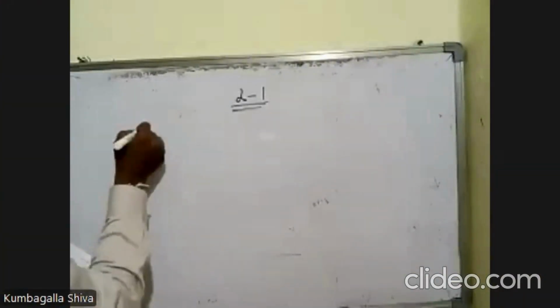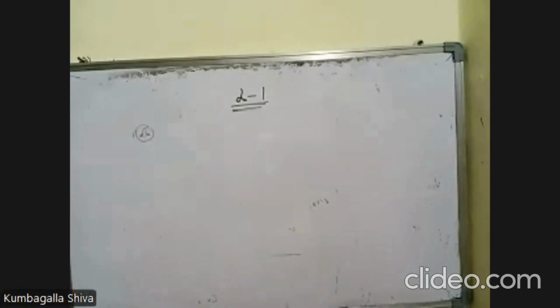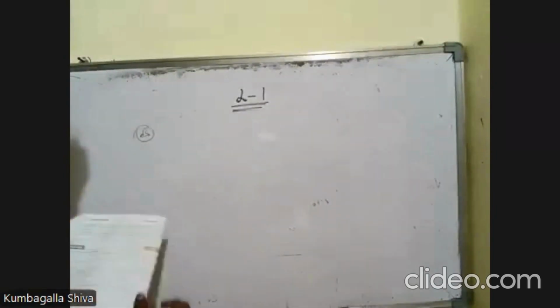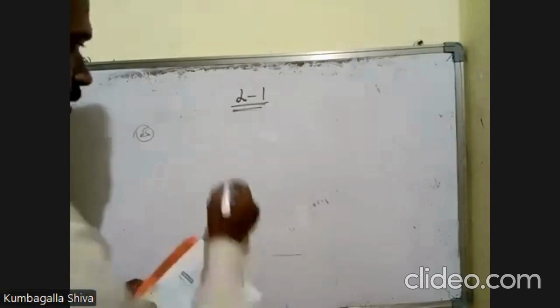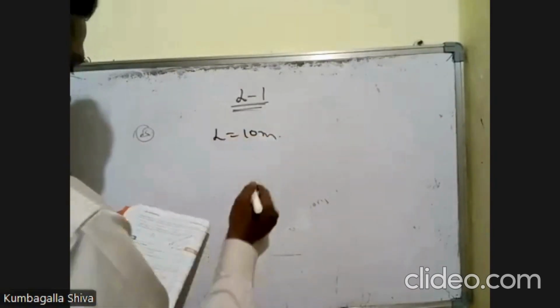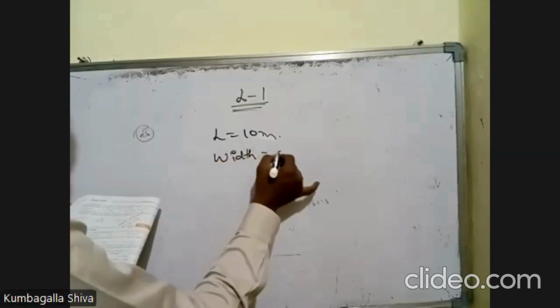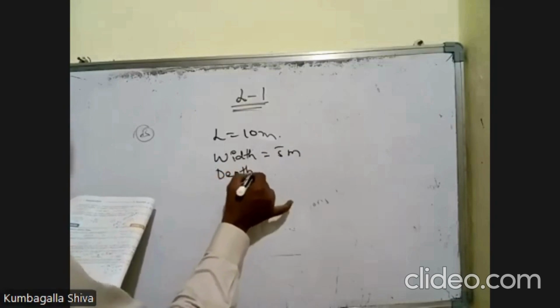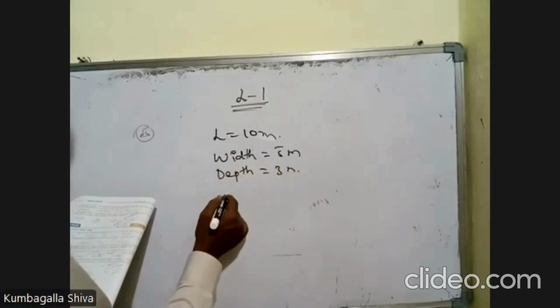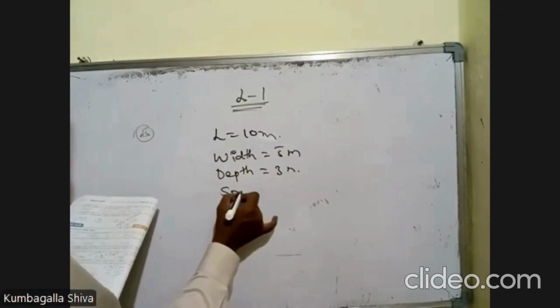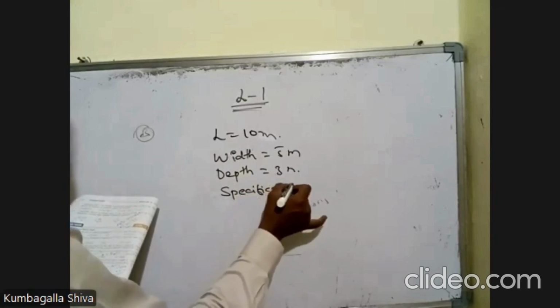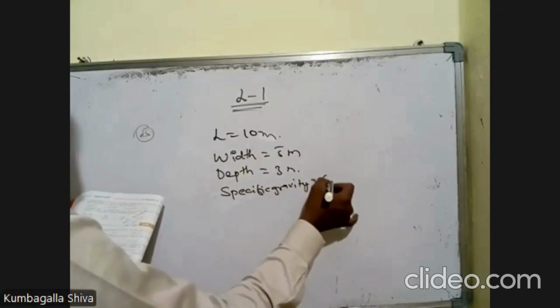Third one, look. A closed rectangular tube, initial length 10 meters, width 5 meters, depth 3 meters, specific gravity 0.92.